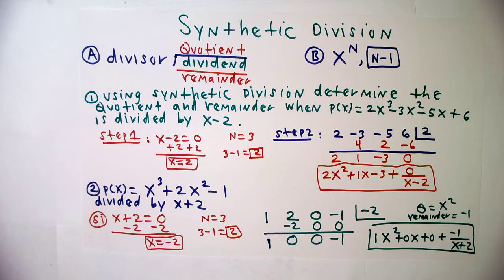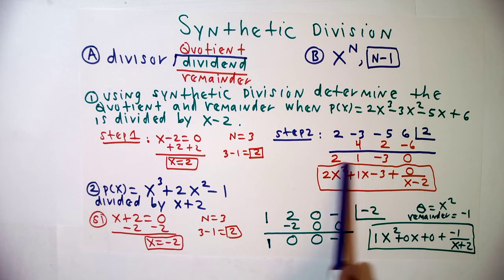I just don't have the space to do that here. But actually, let's try. x to the second times x is x cubed. x to the second times 2 is 2x to the second. And then if you add the remainder, you get that same problem there.